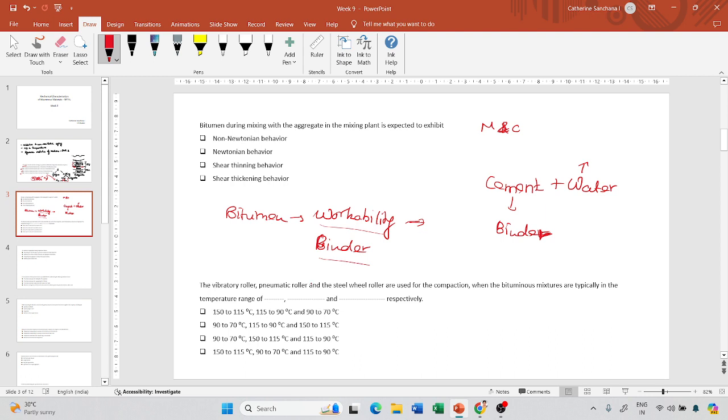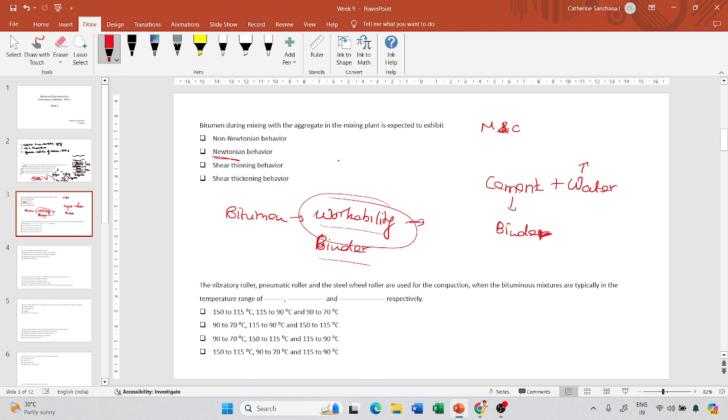Now during this process of mixing and compaction, in order to provide a uniform coating to the aggregates, its behavior should be Newtonian. So now that I have told you the answer, that its behavior should be Newtonian, let us understand what a Newtonian behavior is. I'm talking in terms of viscosity, right?